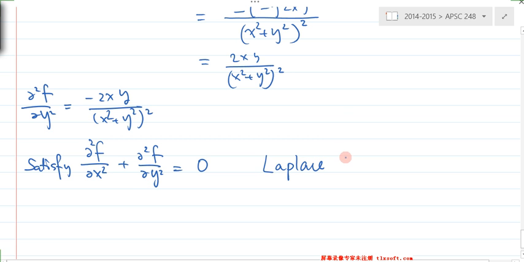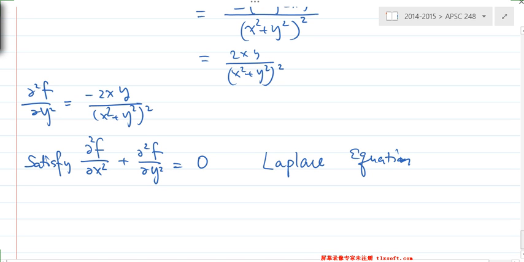You will see the names Laplace and Euler almost everywhere. As we're going to learn in the future, we can define an operator like this: del squared equal to this. This is called the Laplacian operator.